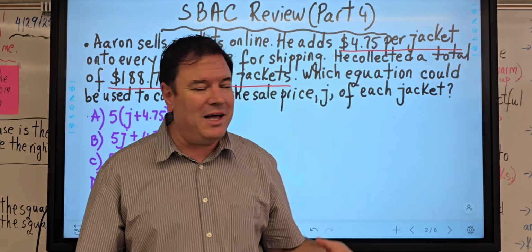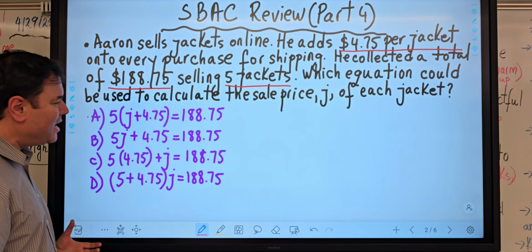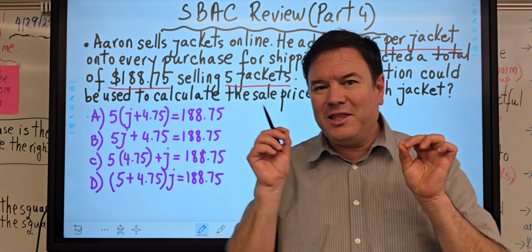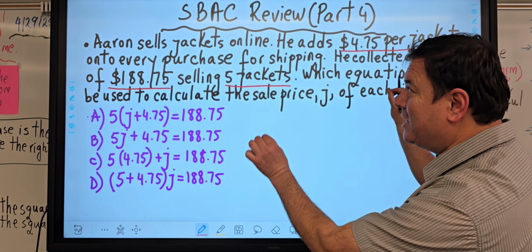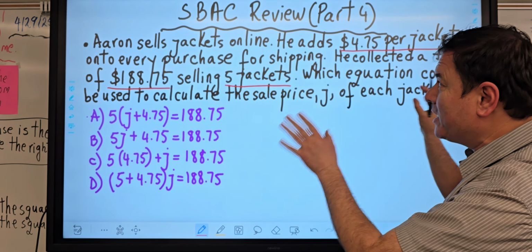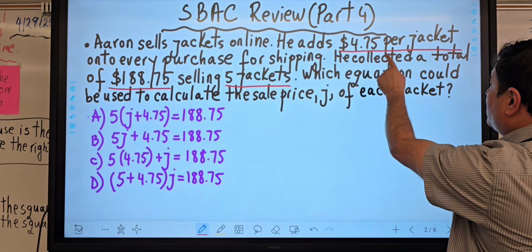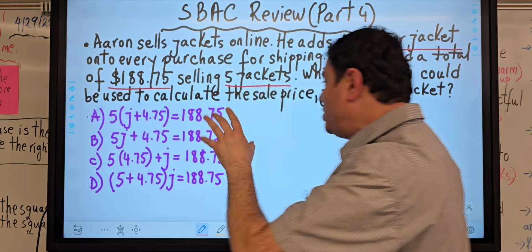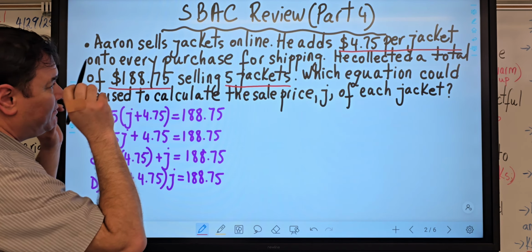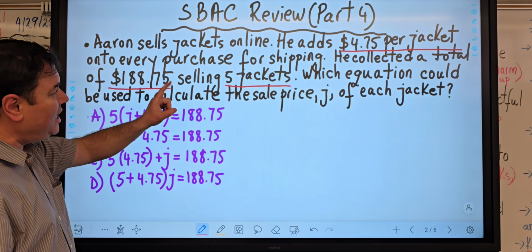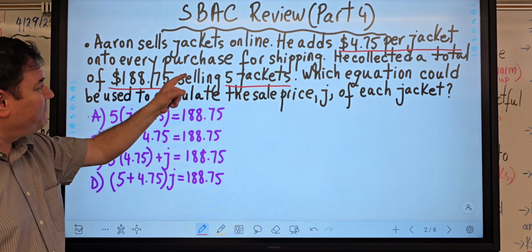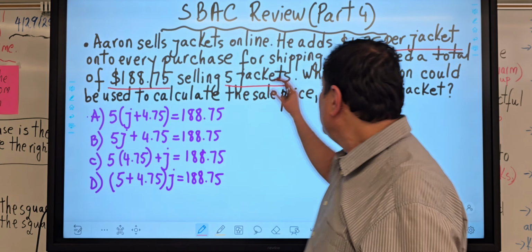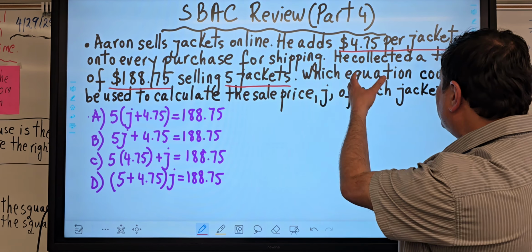So now this is a multiple choice question, and we have 4 different options here, and we are looking for the equation that satisfies our problem. So let's take a look at the problem again. He pays $4.75 per jacket, and he is selling 5 jackets. So we need to multiply 5 times the jacket plus 4.75, right?